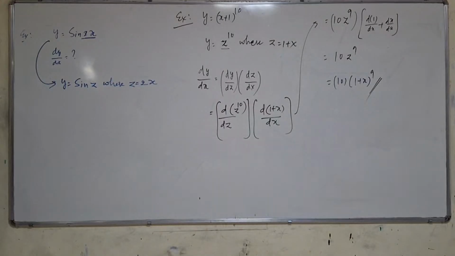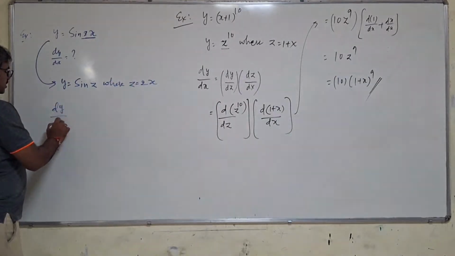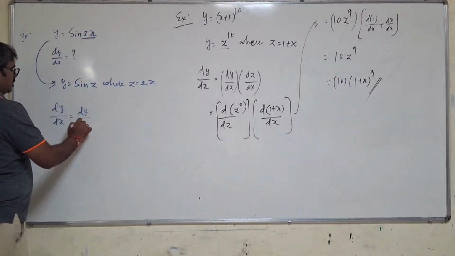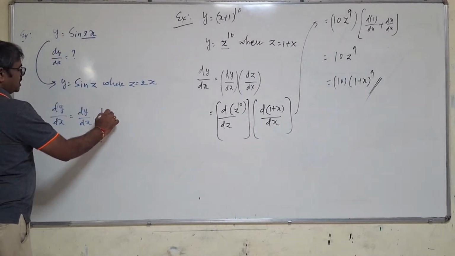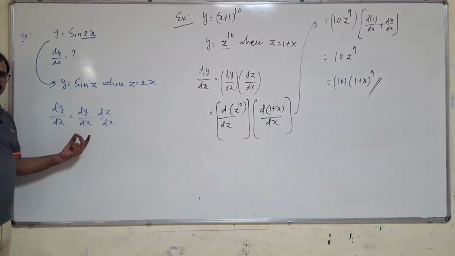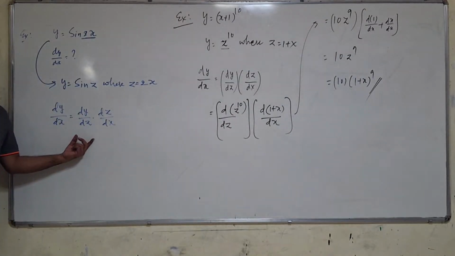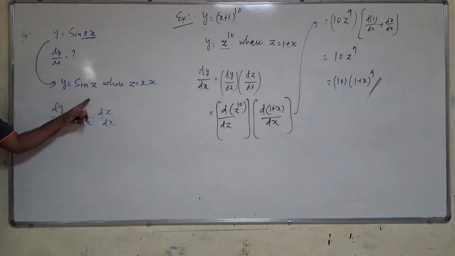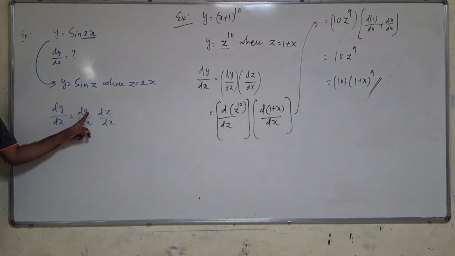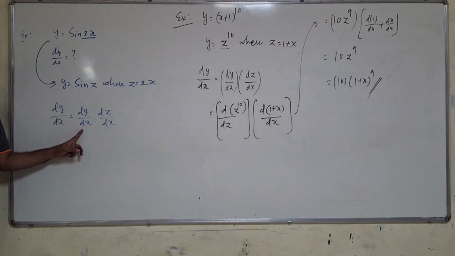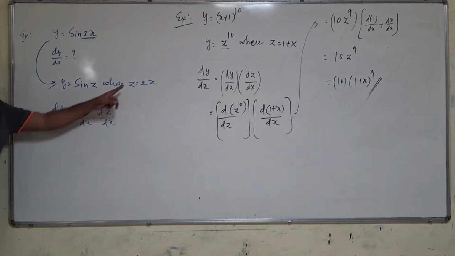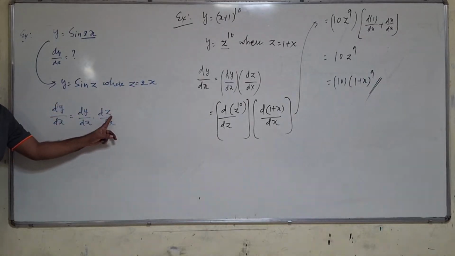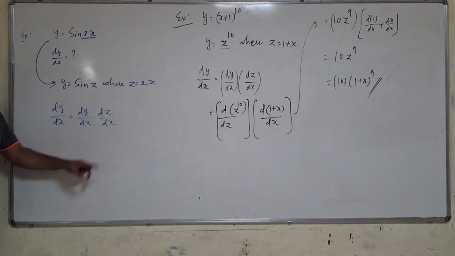Do you understand this? Now, to find dy by dx, I'll use this chain rule, dy by dz into dz by dx. We know y in terms of z, so that is why we can do the differentiation. We know z in terms of x, so we can do the differentiation here.